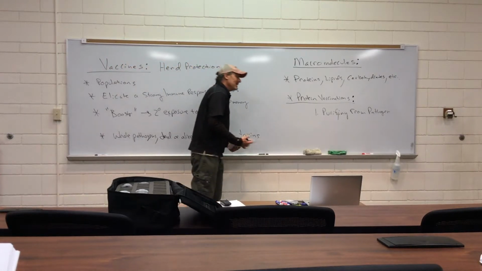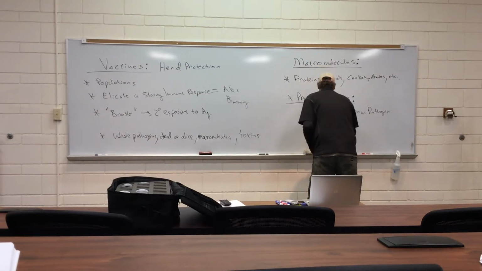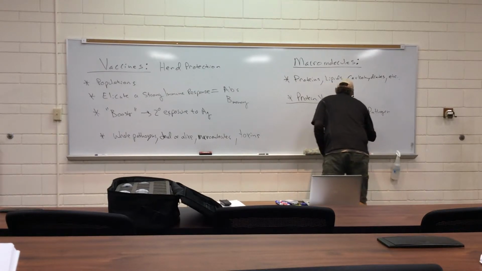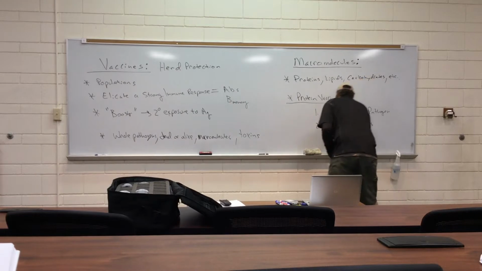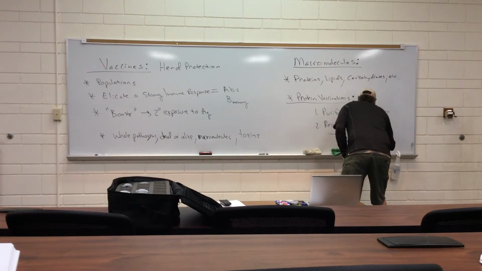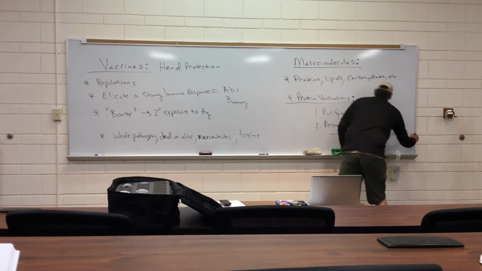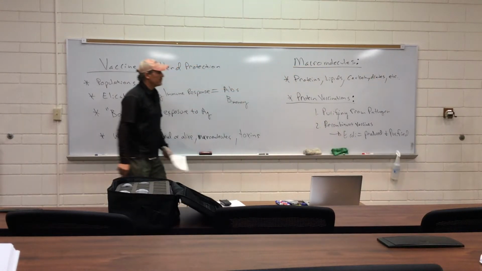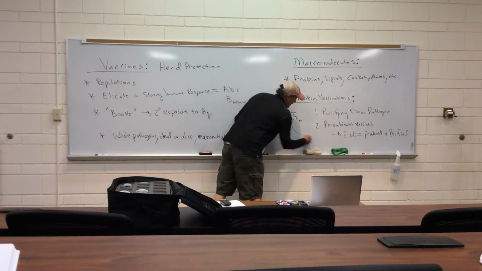So what we do more or less nowadays is called recombinant protein vaccinations. And so what we end up doing is we put the protein, or the gene for the protein, excuse me, into E. coli.